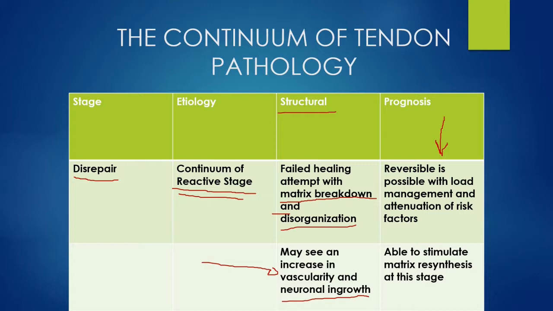So with examinees suffering from tendon pathology, we want to, as much as possible, attenuate both the intrinsic and extrinsic risk factors. If we're able to do that, then we're going to be able to stimulate matrix resynthesis and matrix repair at this stage. But if we're not able to attenuate the risk factors, then we're going to progress into the final stage of tendon pathology.